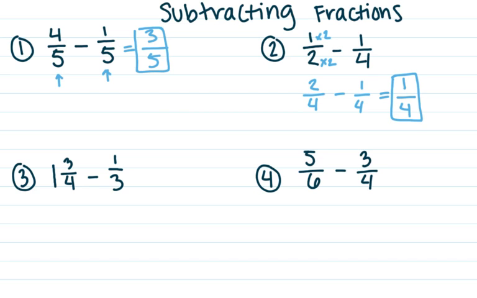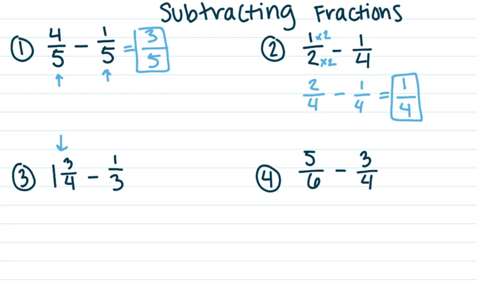Again, as we go through these, make sure you check your final answers that they're in lowest terms, or the most simplified fraction that you can get. This next one is kind of weird. This guy right here is called a mixed number, meaning that it has a whole number and a fraction smushed together, combined together. It also means that that fraction is over 1. So I have 1 whole and I have 3/4 together.